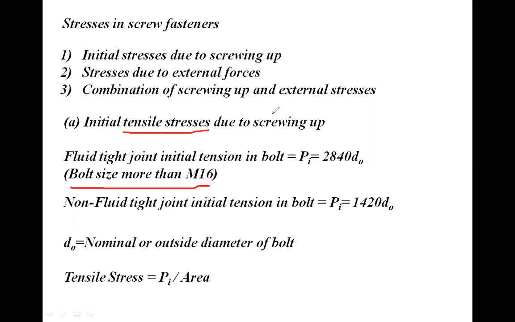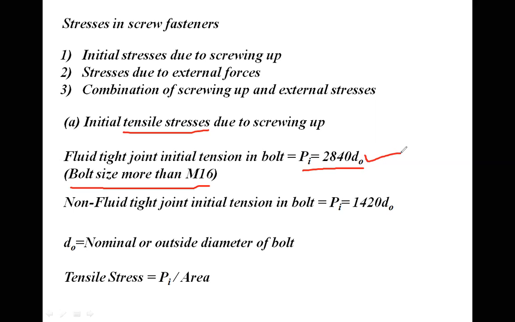So when we think about screwing up a fluid tight joint, the initial tension can be 2840 times D0. That much initial tension is possible because of screwing up a fluid tight joint. This relationship comes from experimentation and empirical formulation.